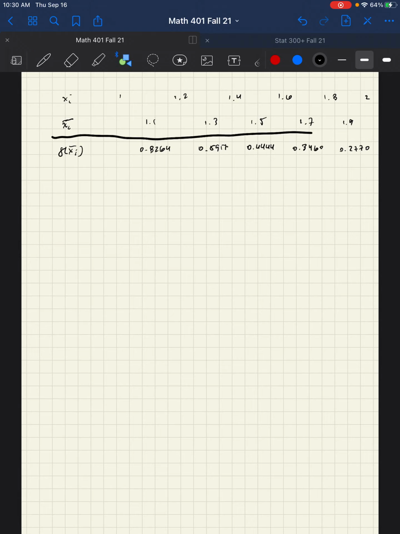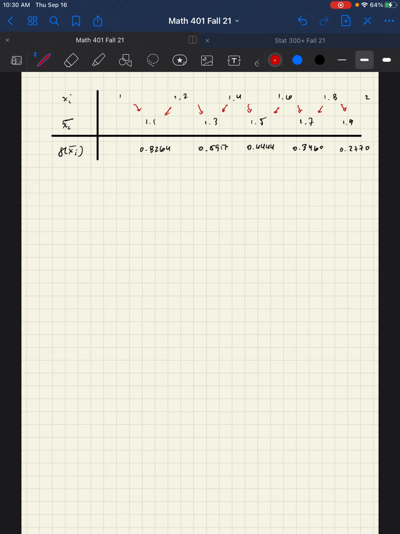Okay, so this is where we're at. We have so far the function values we need on the bottom line. We found each midpoint using the initial data values.